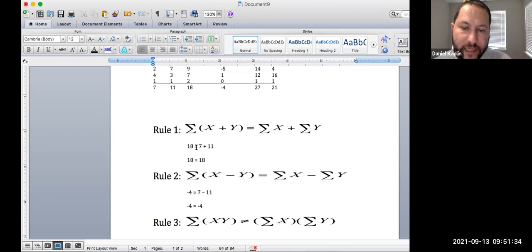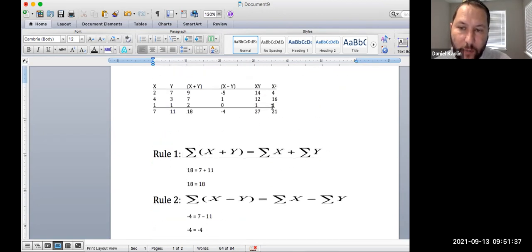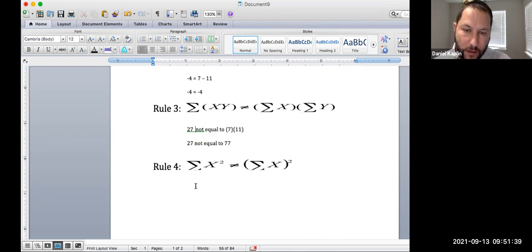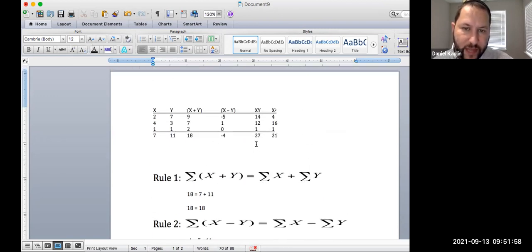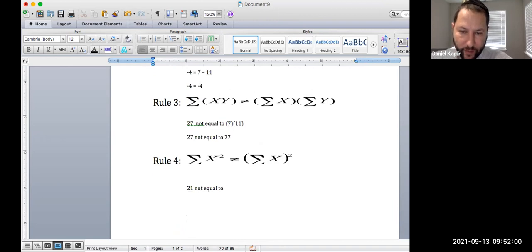Rule number 4 says the sum of the x squared column, which is 21, right? So we can see it. All right. 21 is not equal to the sum of x squared. Well, what was the sum of the x column squared? 7 squared.